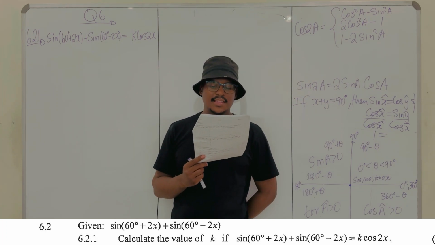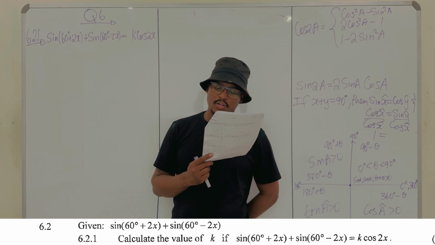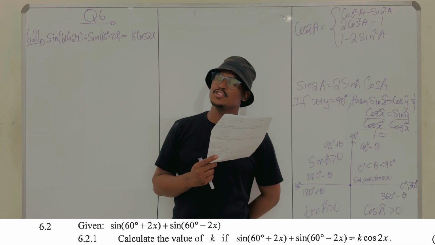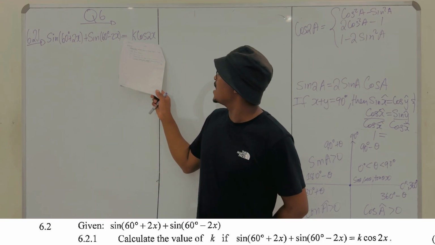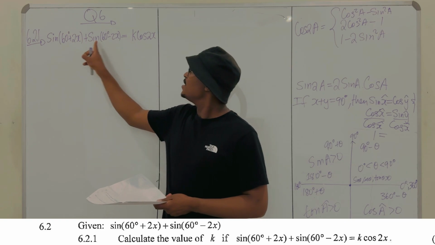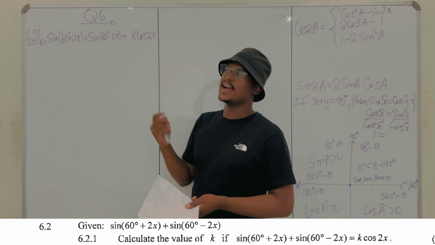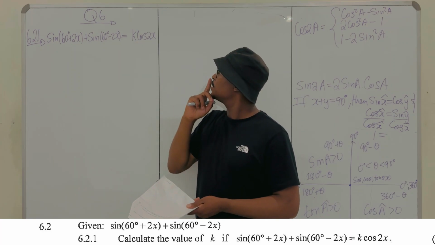So it says calculate the value of k if sine of 60 degrees plus 2x plus sine of 60 degrees minus 2x is equal to k cos 2x. They want us to find the value of k.